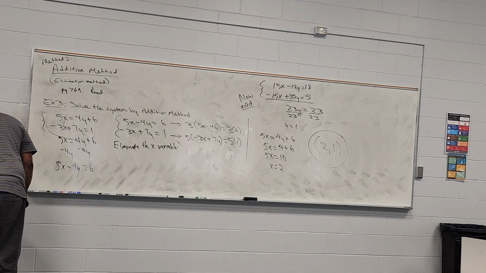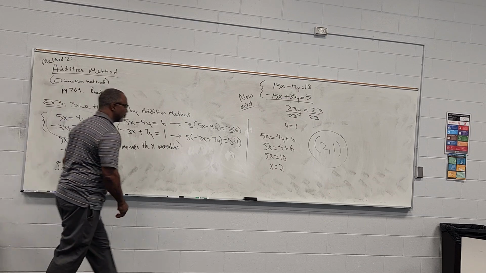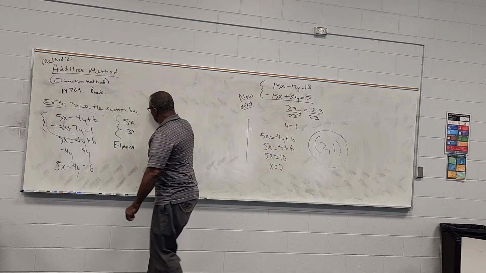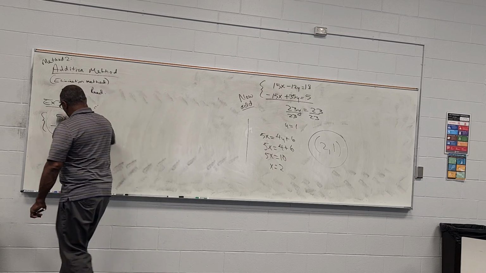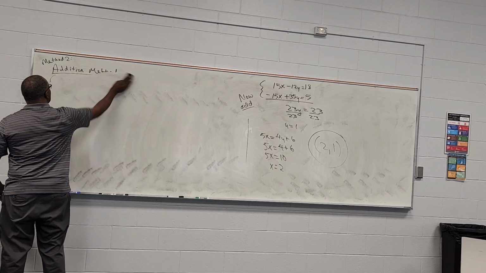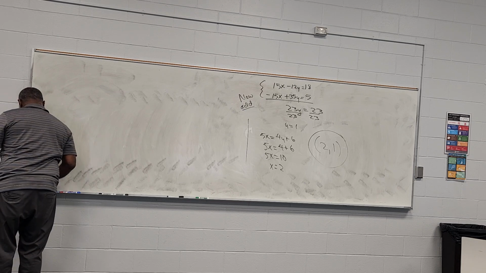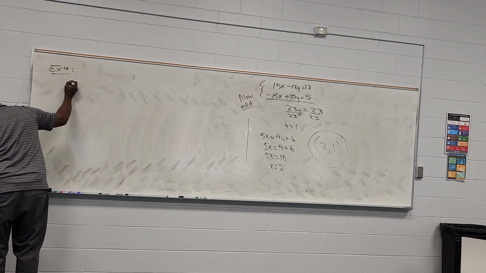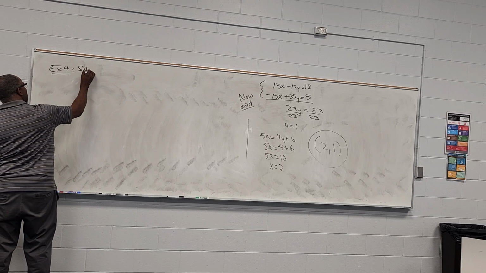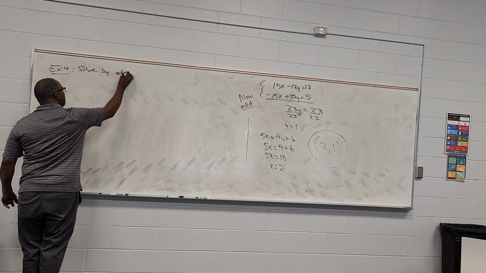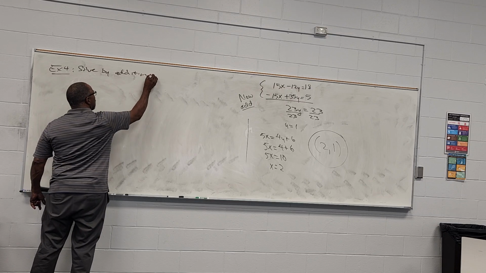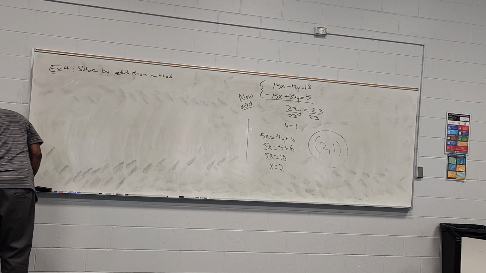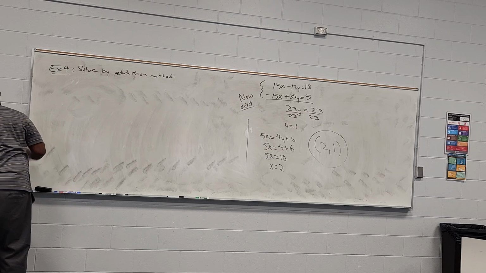Okay. Example 4. Let's do another one. Example 4, they ask us to solve by addition method. And they give us negative 2/5 x.